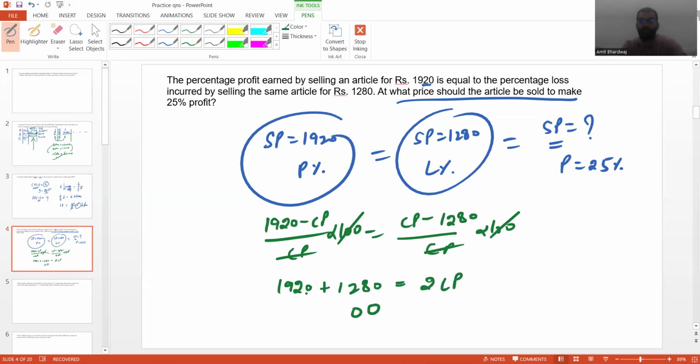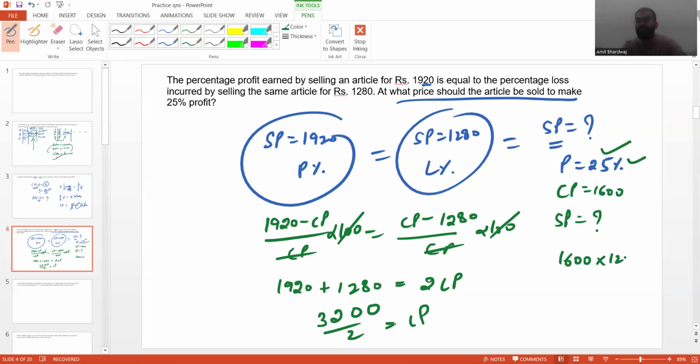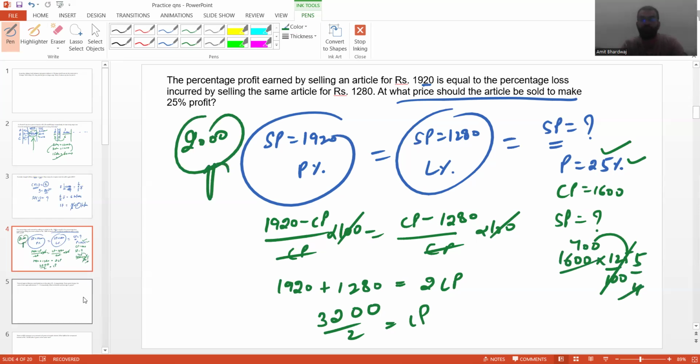Result is 3200, and divided by the 2, 1600, right? If CP is 1600, if you need profit 25%, what is the selling price? This is the question. The gain is 25%. Just find out the 125% of CP. This is 5 by 4. 4, 4, 16. The answer will be 2000. All right. So this is the answer of the question.